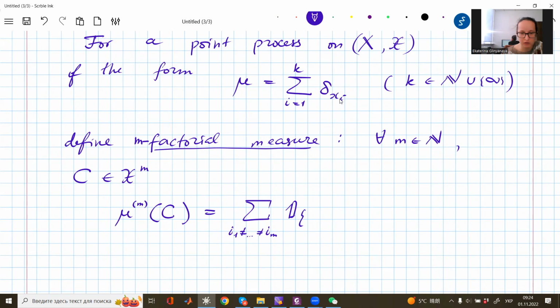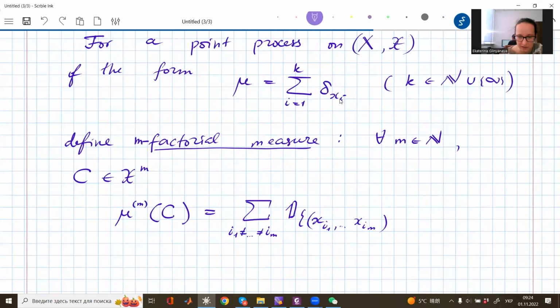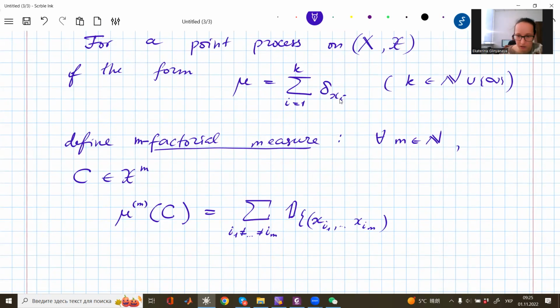So I will write not in the term that mu of x I is equal to 1. I will just write that points x I and so on, I m. So this is m-dimensional vector. It belongs to subset C. Okay.